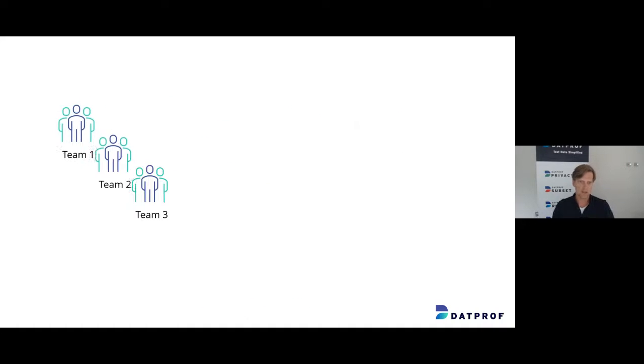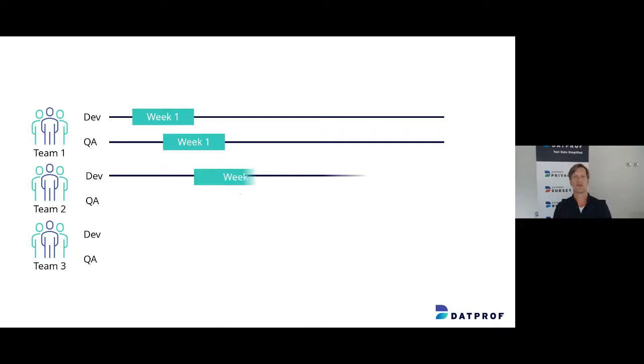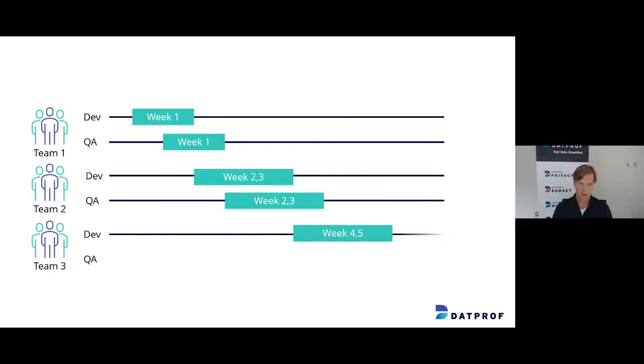Another way that customers also organize themselves is by something we could call planning. You might say team 1 has the availability of the dev environment in week 2, and team 2 has the availability of the QA environment in week 2 and 3, and you can go on.